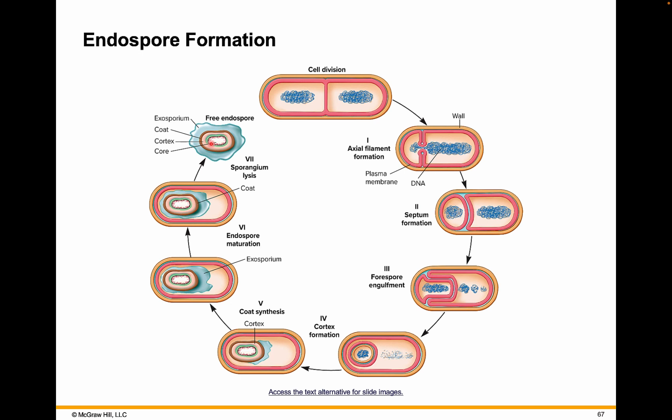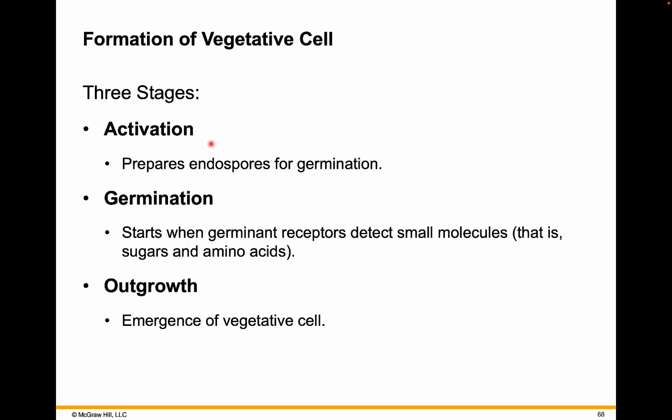So the endospore will remain in a harsh, unfavorable environment as long as needed. It is the survival procedure, and it prepares the endospore for germination. In the germination process, receptors detect small molecules, that is sugars and amino acids, leading to the emergence of the vegetative cell.